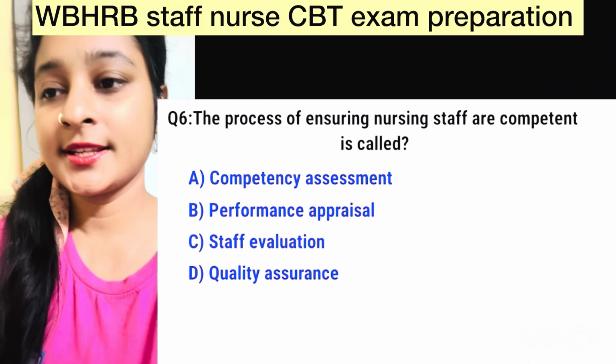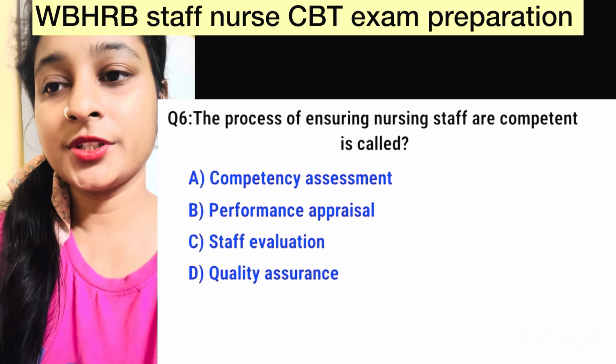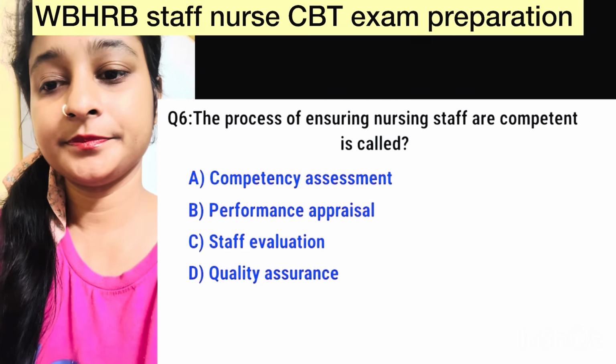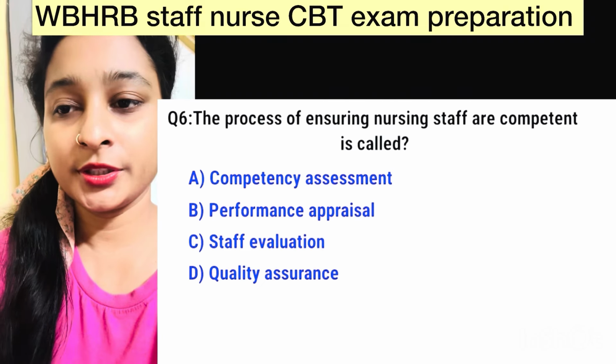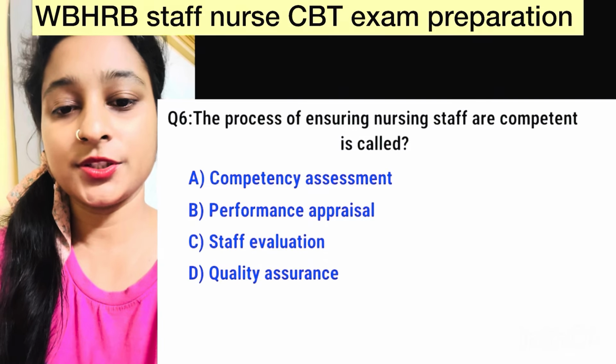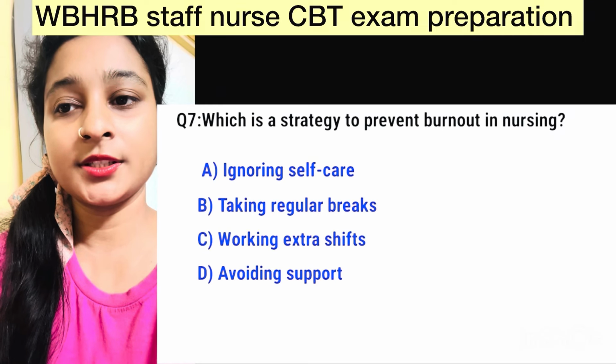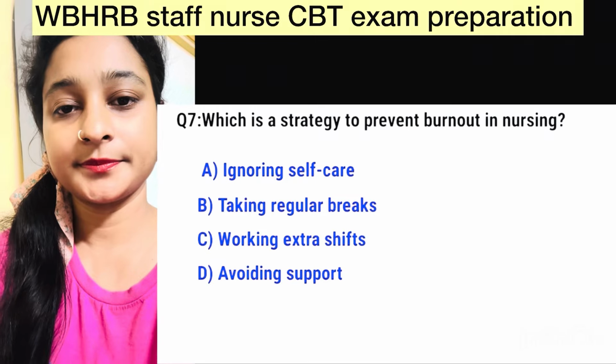Question number 6. The process of ensuring nursing staff are competent is called. Here, correct option is option A, competency assessment. Question number 7. Which is a strategy to prevent burnout in nursing?